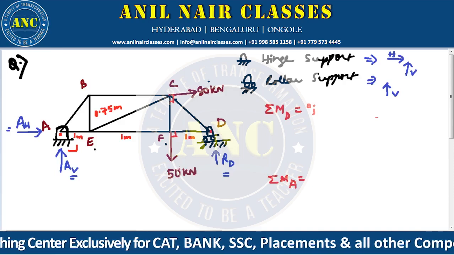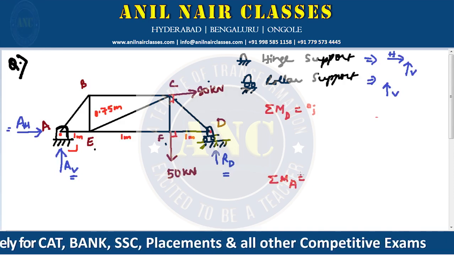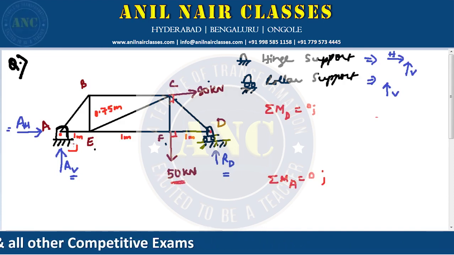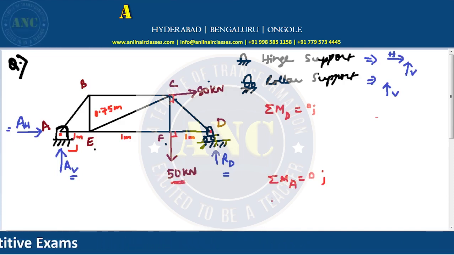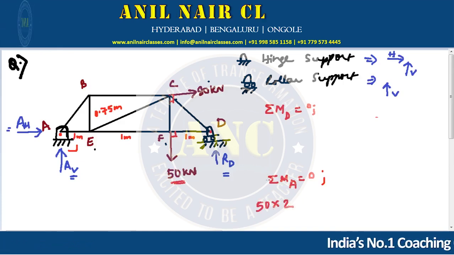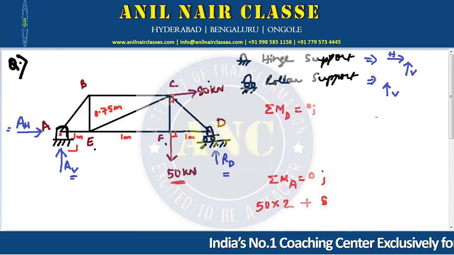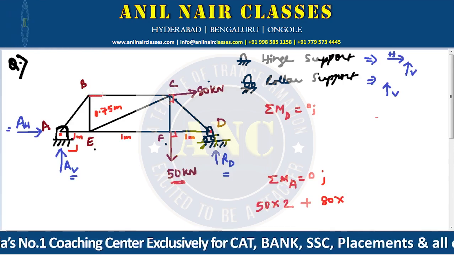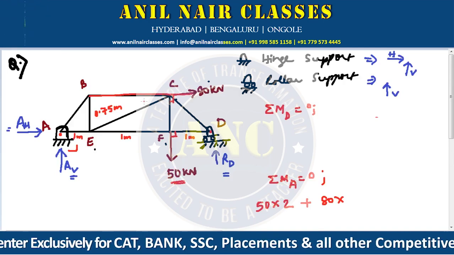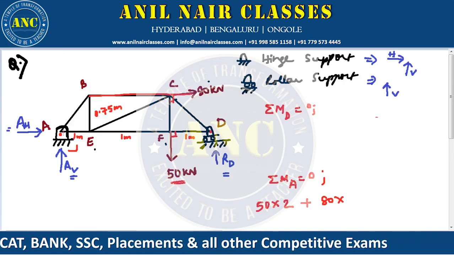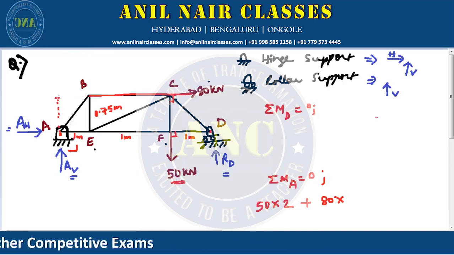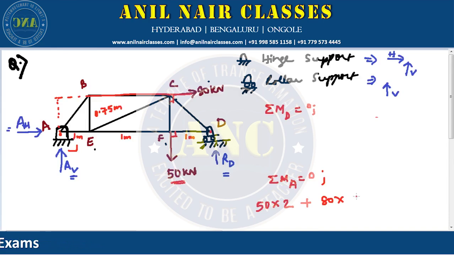Anti-clockwise, whereas 50 and 80 are in clockwise direction. So first I'll go for 50, at a distance of 1 plus 1, that is 2. 50 into 2. Then 80, at a distance of 0.75 from this point, correct? So at 0.75.